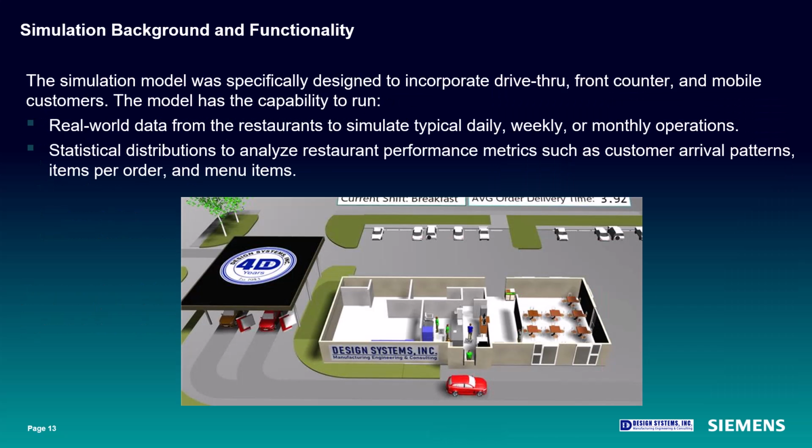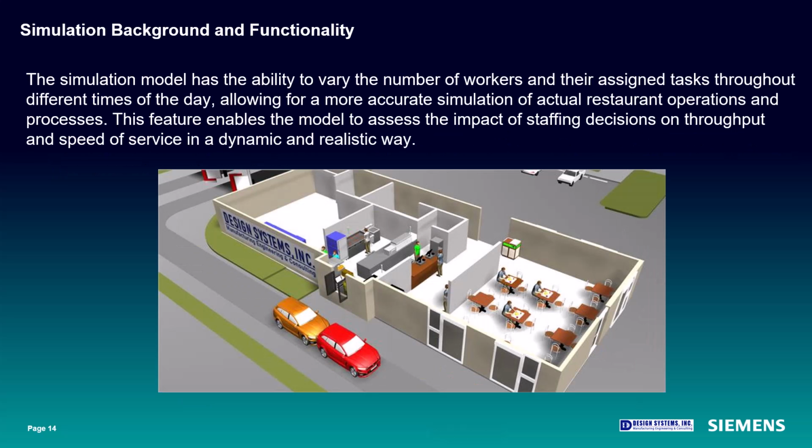The simulation model was specifically designed to incorporate drive-through, front counter, and mobile customers, and it has the option to run real-world data to understand typical daily, weekly, and monthly operations, as well as the statistical distributions to analyze restaurant performance metrics such as customer arrival patterns, items per order, and menu items, just to name a few.